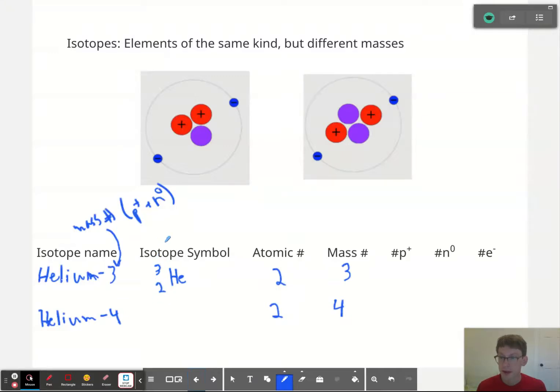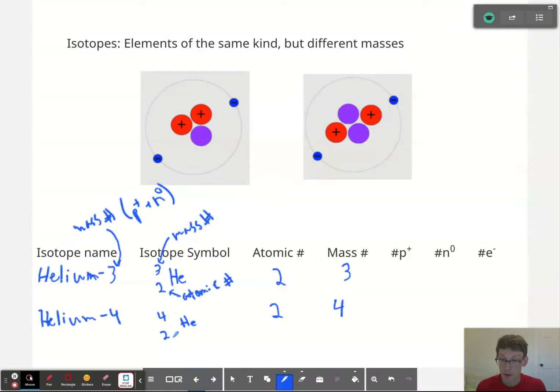That 3 is still the mass number, and the 2 is the atomic number, which may seem a little bit redundant since it's helium and you're specifying it as He here, so all helium has 2 protons. Why even mention the atomic number? I agree, it seems silly, but that is the convention that we use.